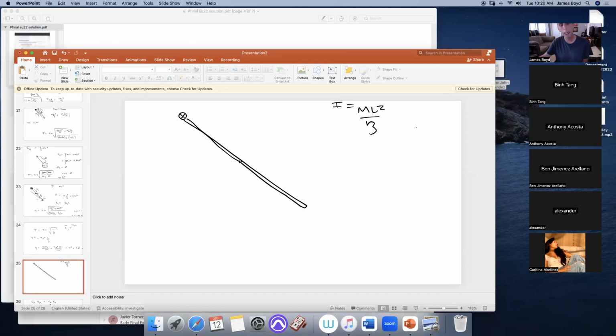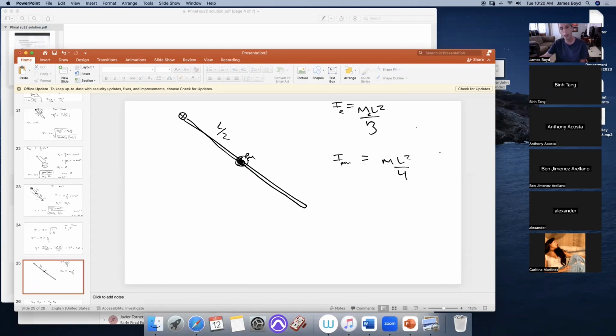Now, if I add a point mass at L over 2, then I for the point mass, so this was the rod, and I of the point mass is ML squared over 4, right? MR squared for the point mass.